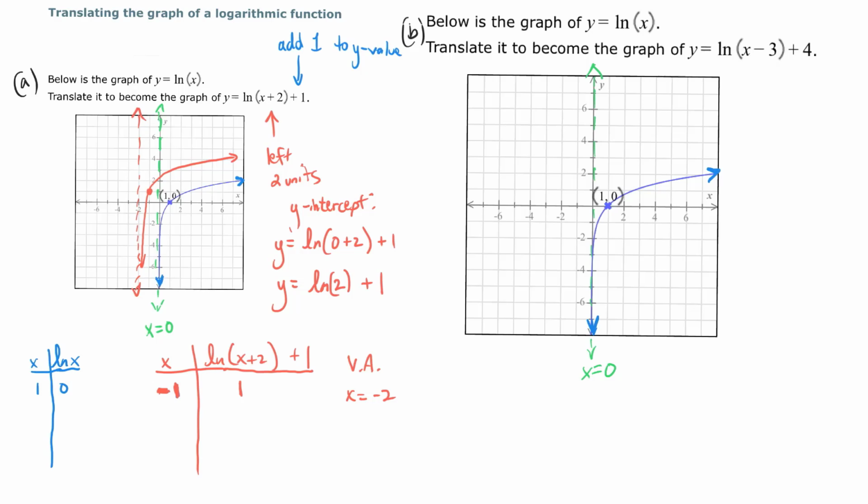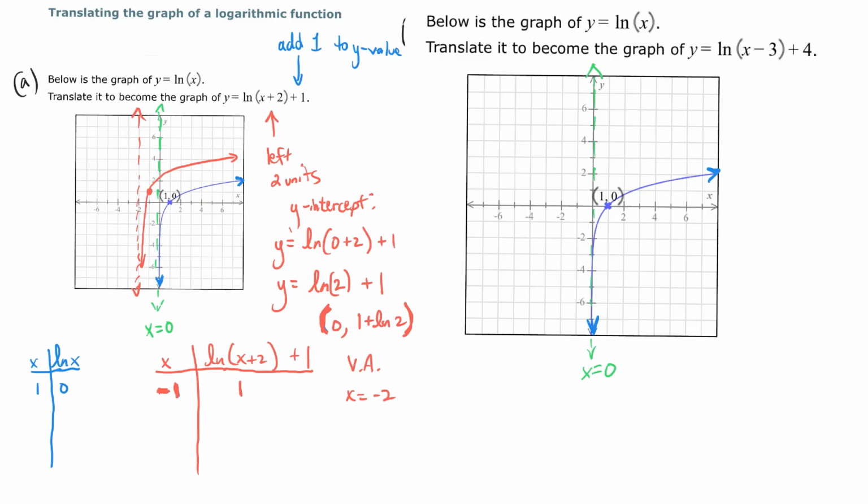If you translate your y-intercept as an ordered pair, it might be easier to see. It's actually x is 0, and your y value is, why don't I write it this way, 1 plus the natural log of 2. A little bit easier to read. And so there is your y-intercept if you're interested.